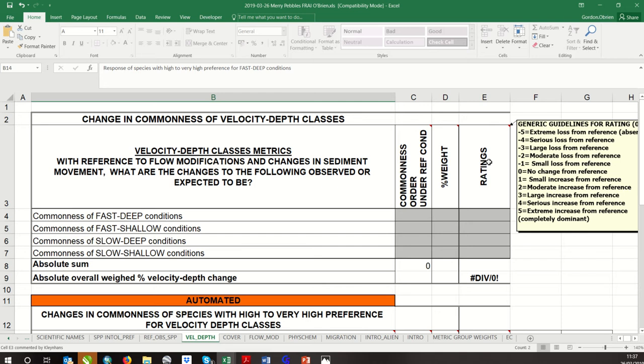By the way, sometimes this FRAI assessment doesn't allow you to put negatives in, but because it's relative to change from 0, whether it's negative or positive, if you can't put the negative in, just put it positive. It doesn't change your score. But then you must just justify to say that you're actually referring to it being a loss. I'm actually saying it was a loss in that variable.